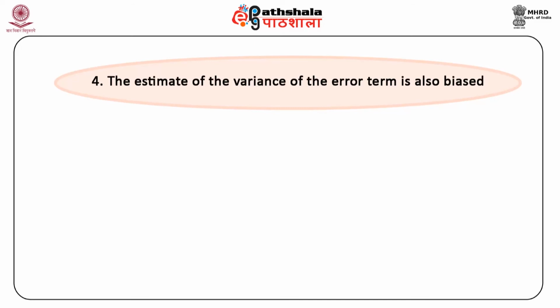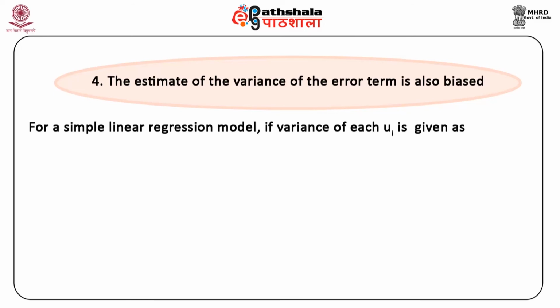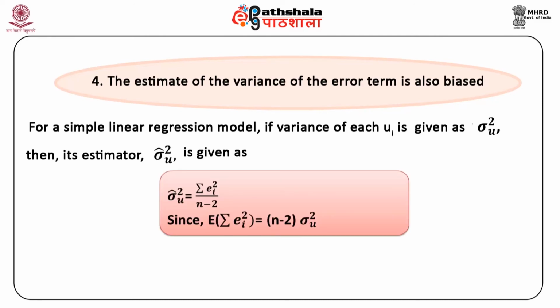Now this can be seen in the following manner. For a simple linear regression model, if the variance of each ui is given as sigma u square, then its estimator sigma u hat square is given as sigma ei square upon n minus 2.